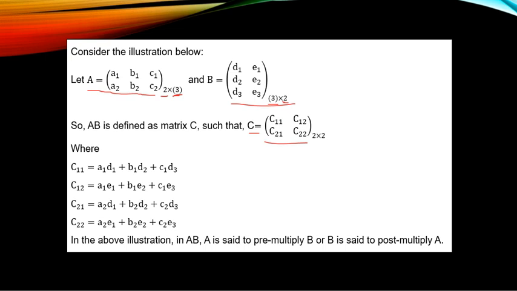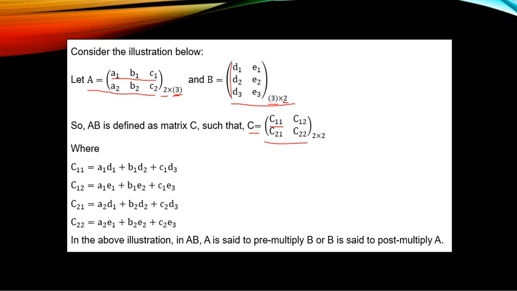So how do you get the first element here? C11. That is the element in the first row, first column. So you take the elements in the first row of matrix A and multiply them by the elements in the first column of matrix B. We say sum of the products.